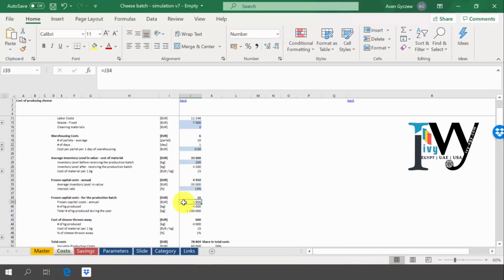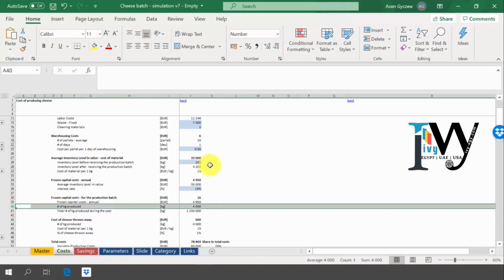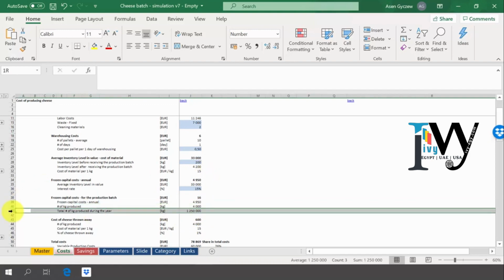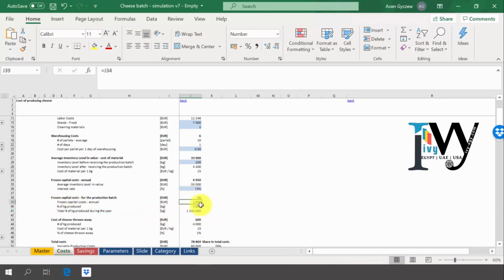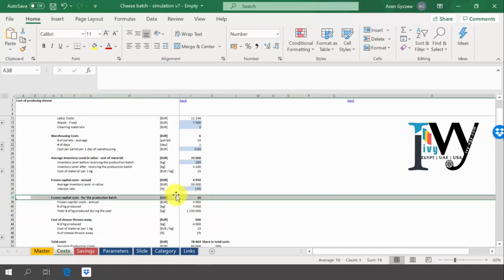However, since we want to relate it to this production batch that we have now, we will only allocate a fraction of that to the total cost. And since we produce 4,000 in one production batch, whereas annually we produce 1.2 million kilograms, it means that out of the 5,000 that we've got here, only 16 can be allocated to one production batch.